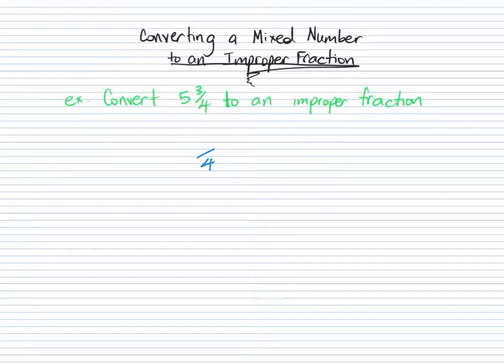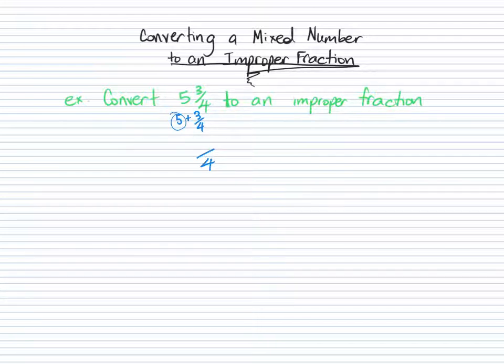All right, so when you see 5 3/4, it's important to understand that this number is actually 5 plus 3/4. It's not 5 times 3/4, it's 5 plus 3/4. Now, in order to figure out how many fourths 5 is, we just have to multiply that 5 by 4.